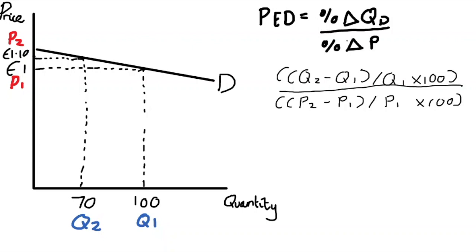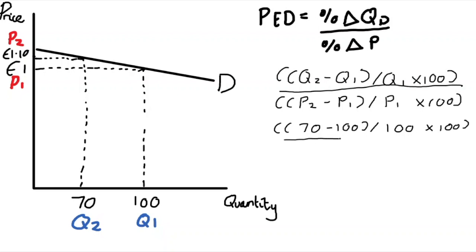And now we're just going to slot in our figures. For Q2, we know that Q2 is 70. So 70 minus Q1, which is 100, close the bracket, divided by Q1, which is 100, and multiply all that by 100.